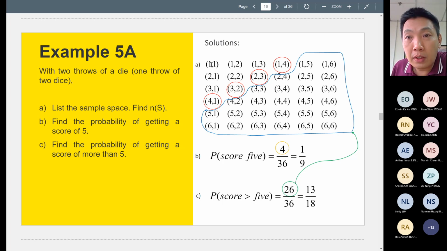This combination is out, because both scores are odd numbers. How about this one? Yes, 1 and 2 fulfill the criteria, one odd, one even. So this is a possible outcome. This one is not. This is a possible outcome, one odd, one even.